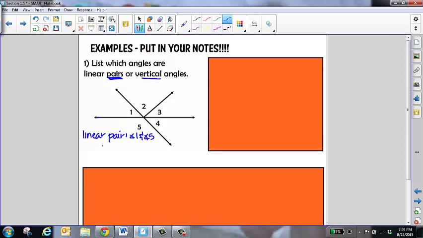Now for vertical angles, we know that we need to have two intersecting lines. If we look at this guy here, this is just a ray. It's not a line, so we can't include this when we're looking for vertical angles. Our two intersecting lines are this line here and then this line here.